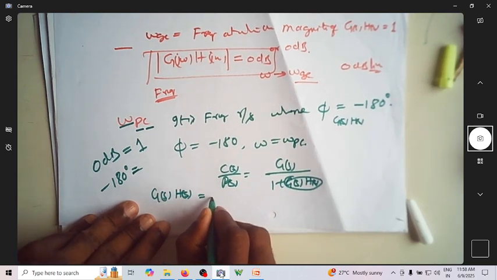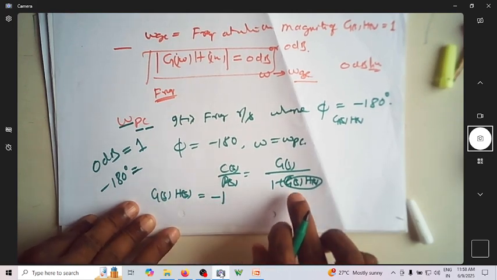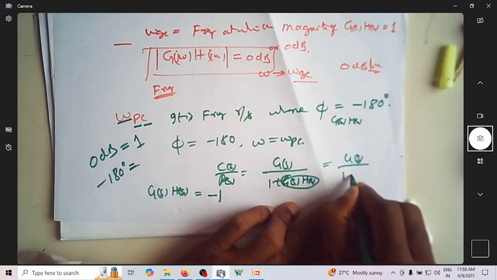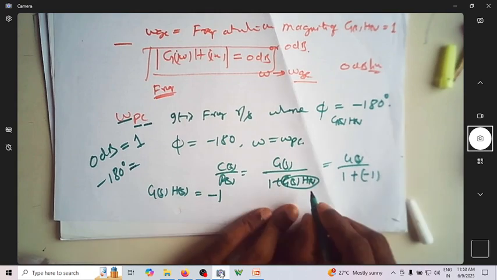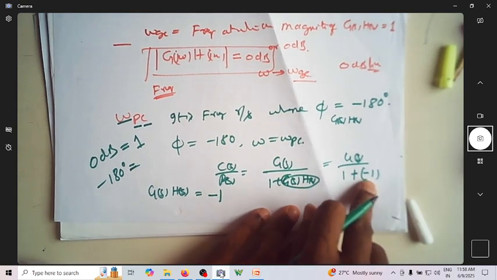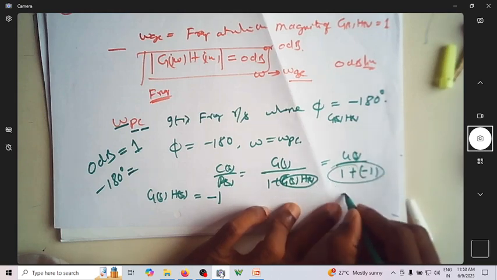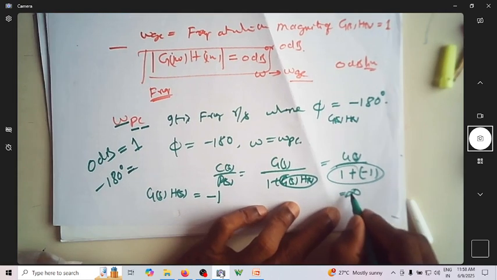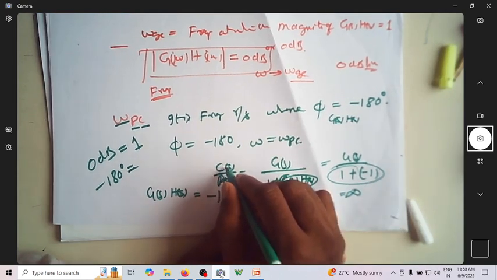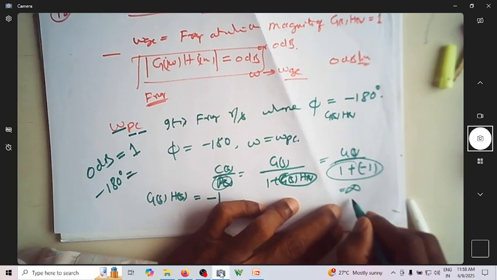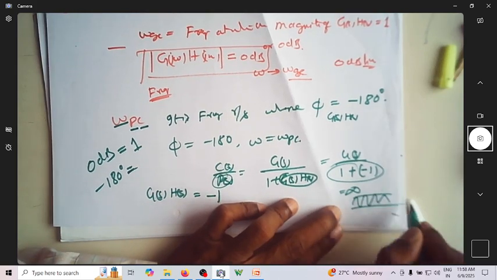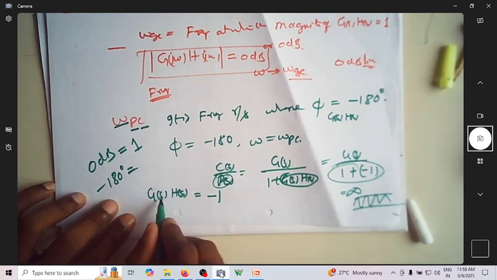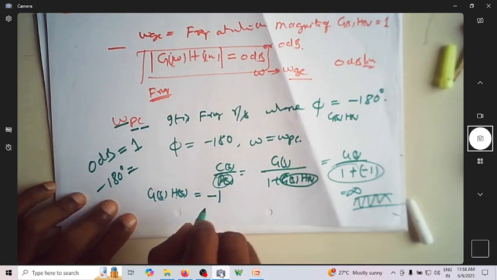We are looking at whether this is minus 1. The moment G(s)H(s) becomes minus 1, the denominator 1 plus G(s)H(s) becomes 0 and the overall transfer function becomes infinity. So without any input R(s), the system starts giving an oscillatory output. So we are looking at G(s)H(s) when it is minus 1.